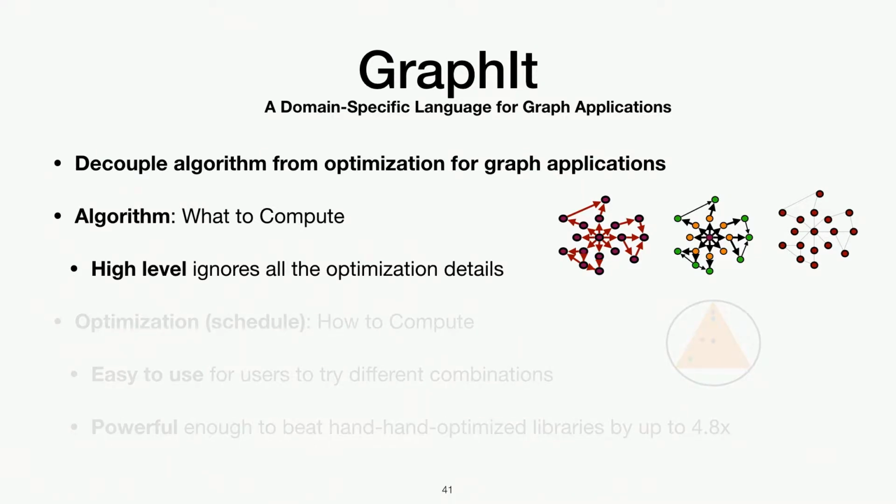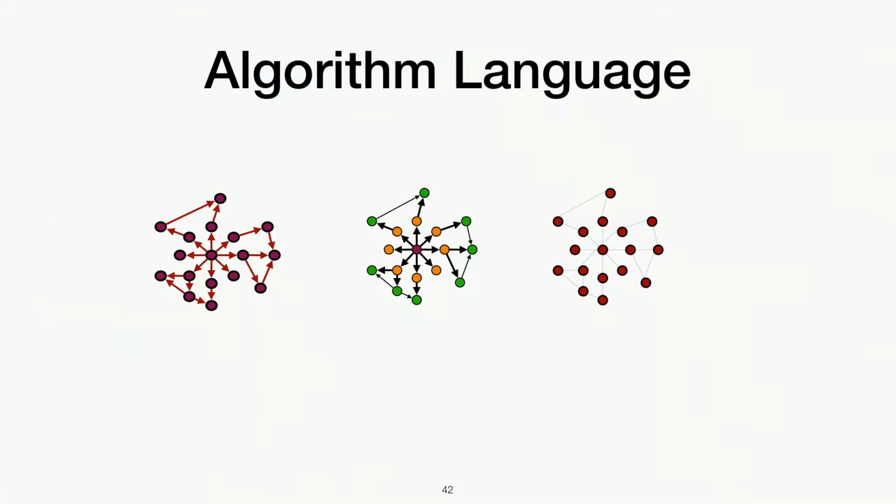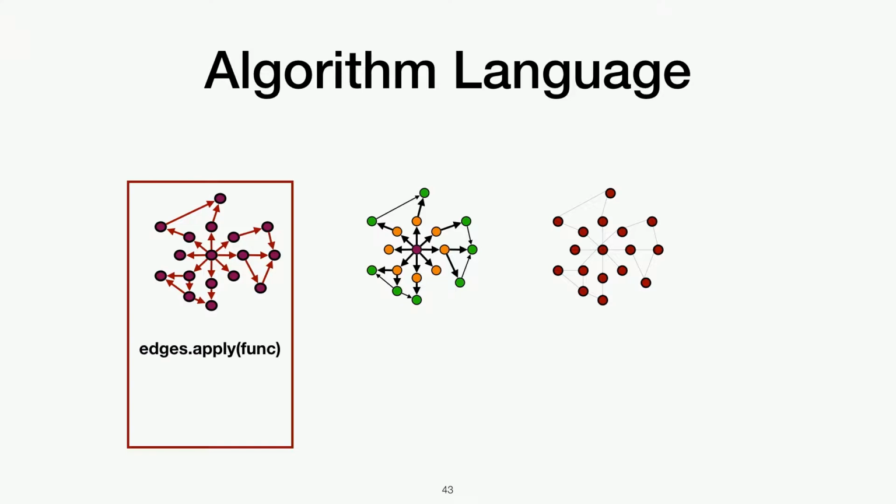So let me show you some examples. First, look at the algorithm in here. So we show 3 different types of things you want to do. You want to do the entire graph in here, something data-driven, or I might want to just operate on the vertices. So for this one, the language provides a very simple way of doing that.